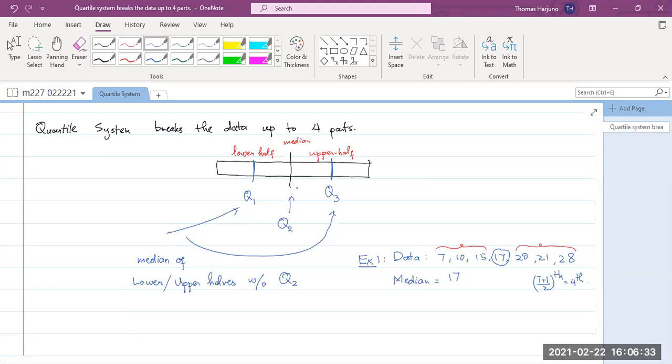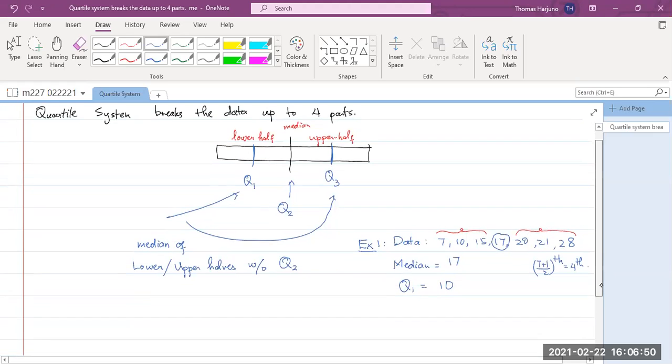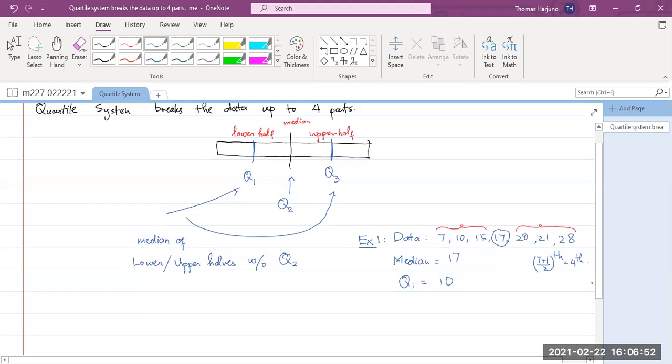Okay, then the first quartile will be the median of the lower half, which is there are 3 data, right? Okay, 3 data plus 1 is 4 divided by 2, so the second data. In other words, we apply that principle again, that to know the position, the number of data in that set plus 1 divided by 2.